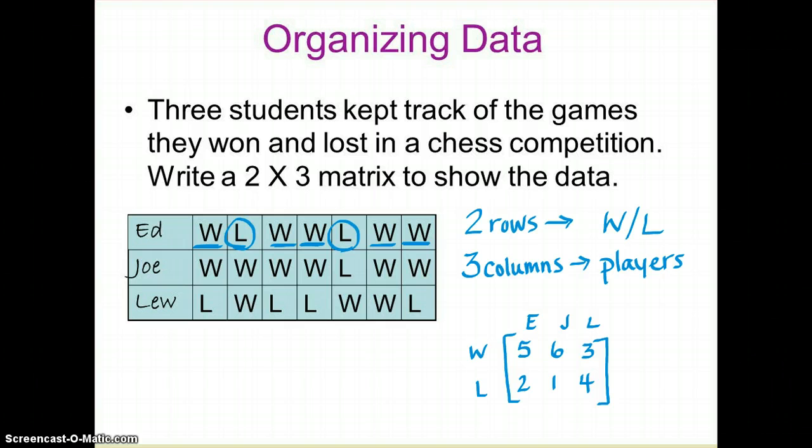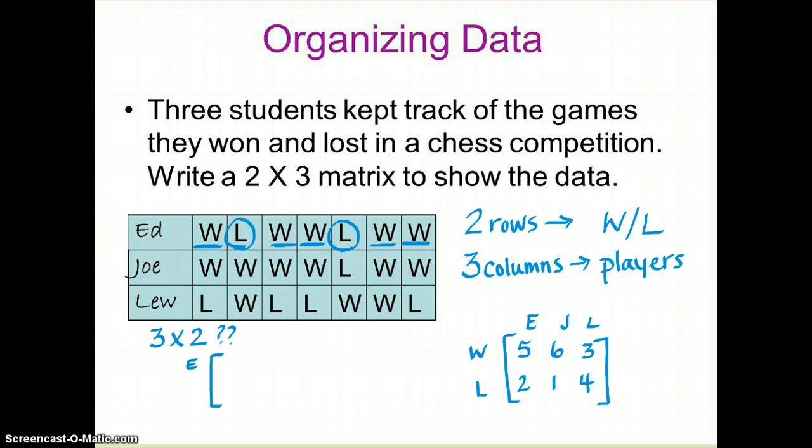It has 2 rows, 3 columns, and I can change that around if I need to. For example, if they ask me to make this same data into a 3 by 2, how would I change this data? Changing it to a 3 by 2 simply means I need 3 rows and only 2 columns. So I just take my information and flip-flop it.